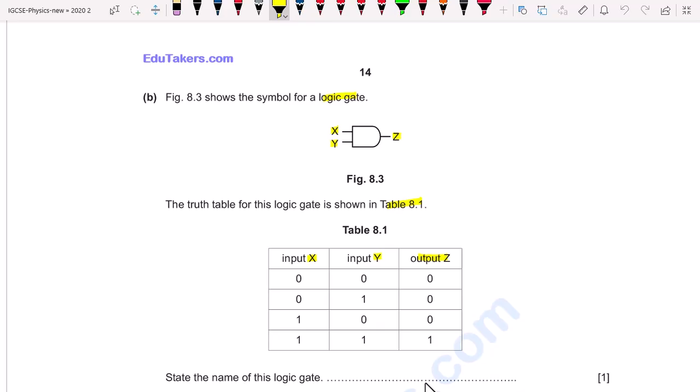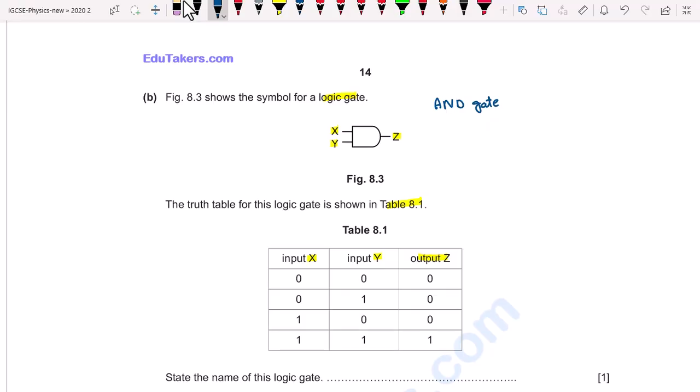So we have to identify which kind of logic gate this is. It's an AND gate. In the AND gate, when both inputs are high, the output will be high, otherwise the output will be low.